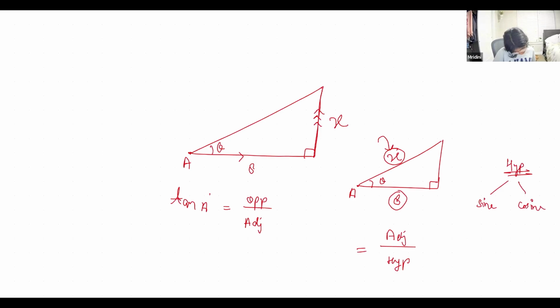Okay, that's cosine. Yes, that's my cosine, that is my cos of A, short form. So here I'll use this trigonometrical ratio to solve for x.